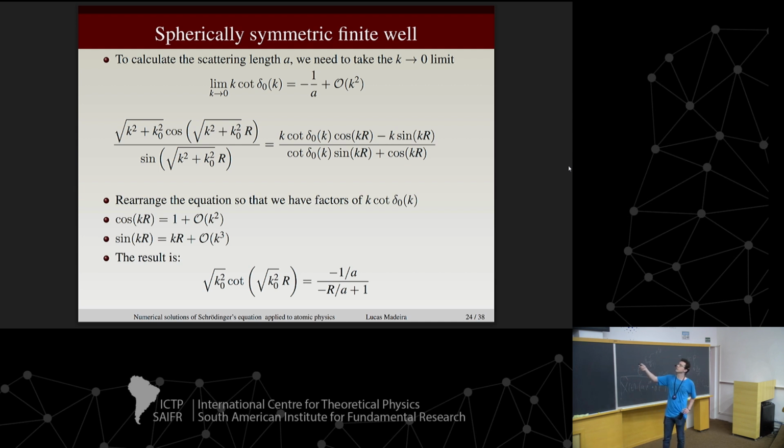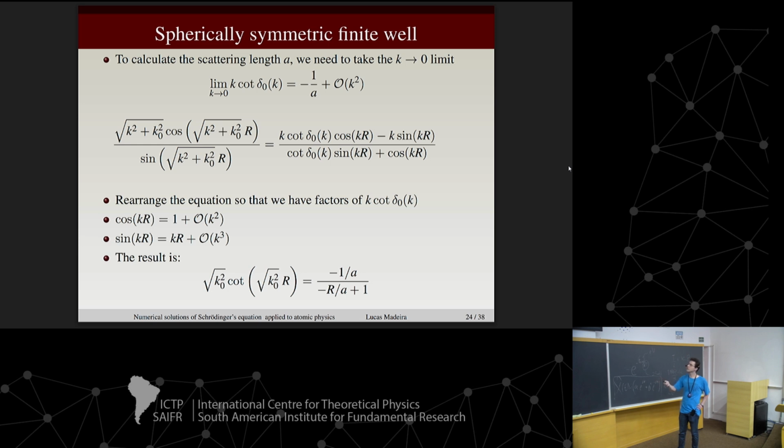I do this on the right side here. For example, here I get KR times cotangent of delta. When I take the limit, I'm going to get the scattering length. So I get this thing here on the right side. Can everyone see why that works? All right. And then I can solve for the scattering length using this.